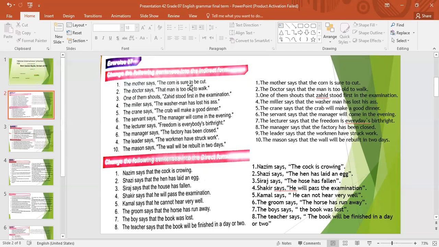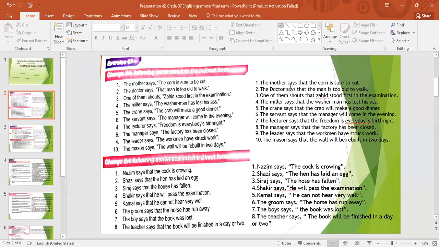Dear students, indirect speech: just like you can see here, in indirect speech, inverted commas are not used. These inverted commas are taken away in indirect speech. But a conjunction is generally introduced in it.